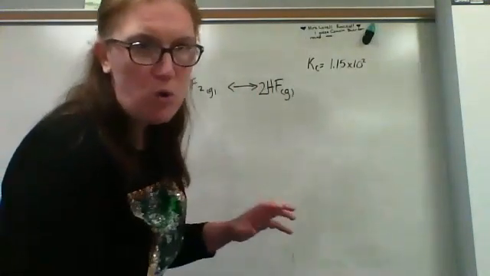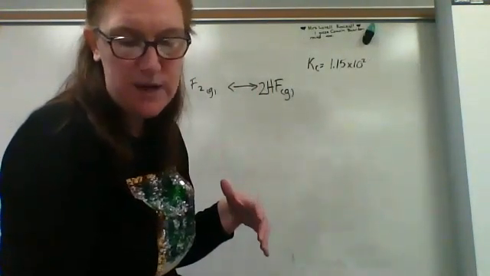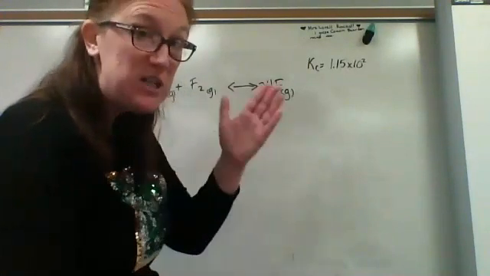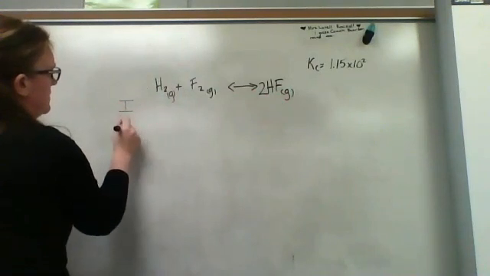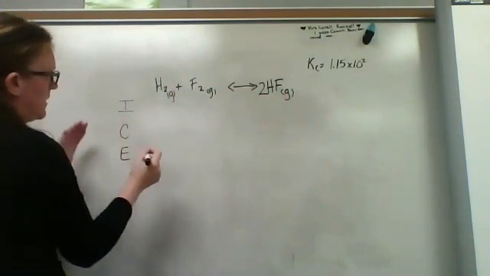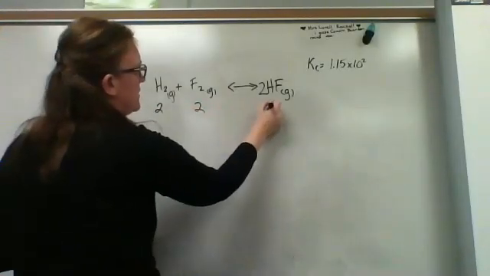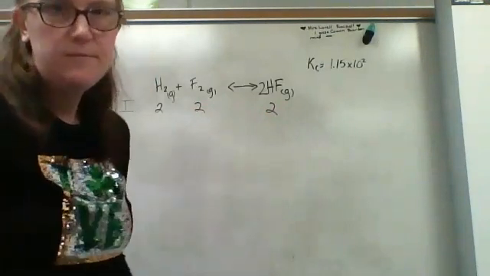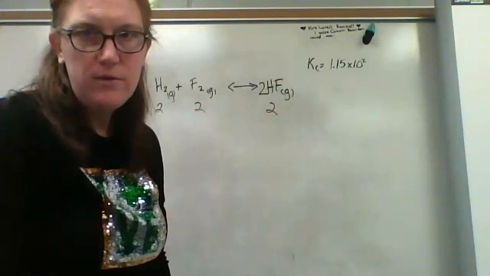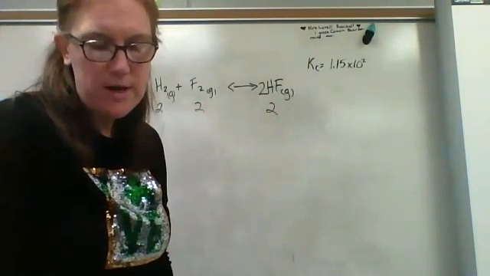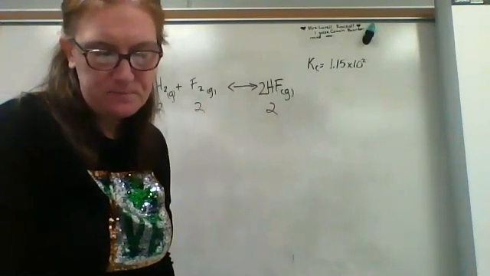So I'll take 3 moles divided by 1.5 for each one, and so my initial concentration is going to be 2. It's a 2 molar solution. Does everybody understand where I got 2? Yeah, 3 moles divided by 1.5.